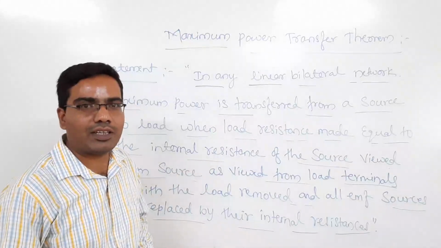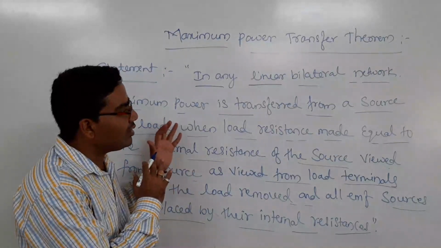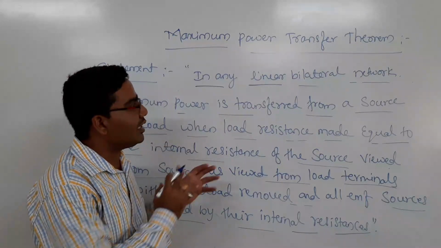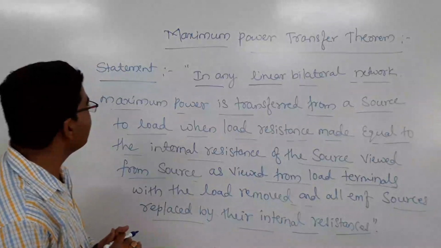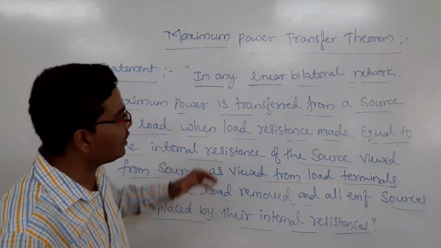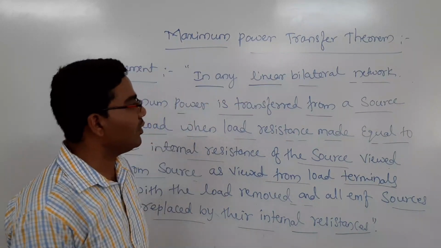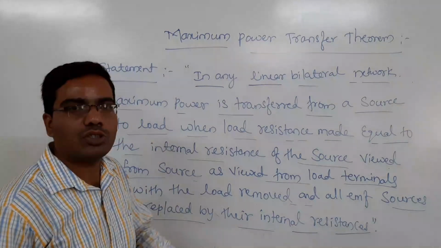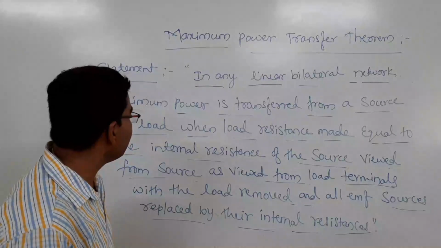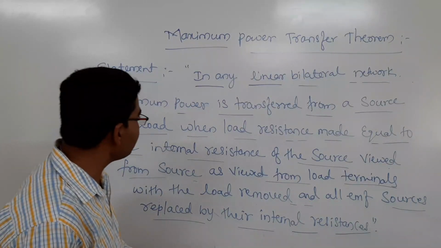For example, I have a linear bilateral electrical network, and in that I have to calculate the maximum power transfer from the source to the load. Then what do I have to do?